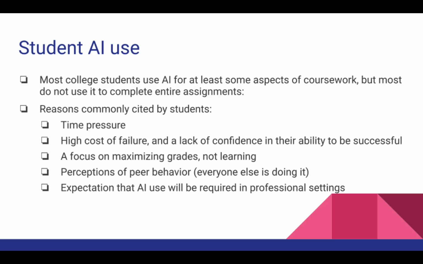What's much more common is they may use it for brainstorming, they may use it for proofreading, they may use it to evaluate their assignments and suggest improvements that they can make. So in general, it's not that common to use it entirely for assignments, although it's fairly easy to do. Most use it to polish their assignments or to come up with ideas for assignments or for review purposes.